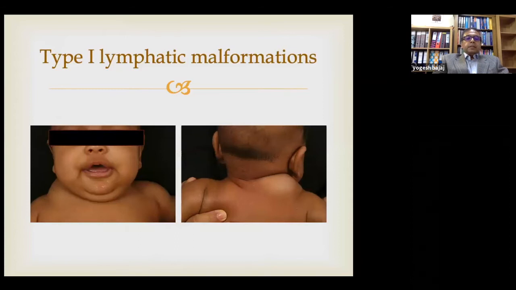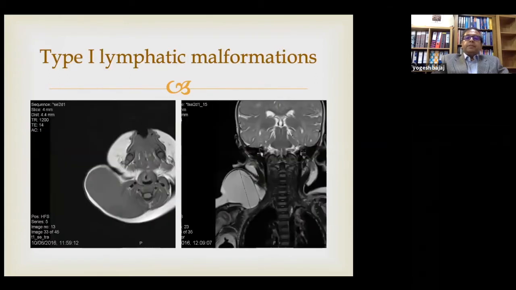This is another child that I was involved in. This is more posterior triangle, a huge swelling. I think this child was only maybe 3-4 months of age when they first presented to me. I sent them for an MRI scan, and it showed a huge swelling involving the whole of the posterior triangle as well as the anterior triangle by the time it came to surgery.